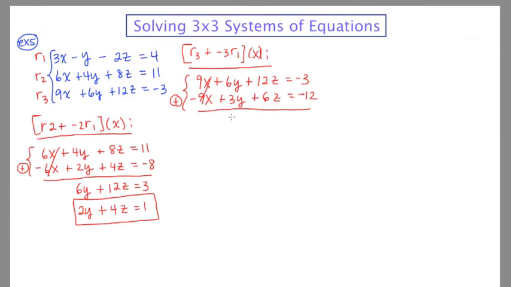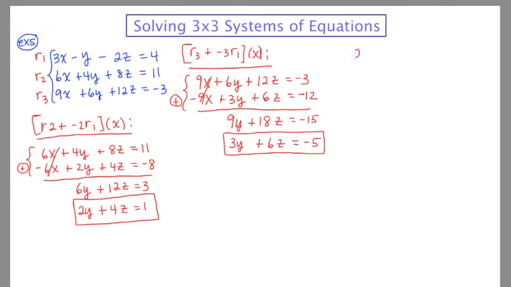The x's cancel out, and now I'm left with 9y plus 18z is equal to -15. Now it just so happens that every one of these terms is divisible by 3. So that gets me 3y plus 6z is equal to -5. So at this point I'm going to take these two results and stack them one on top of the other.